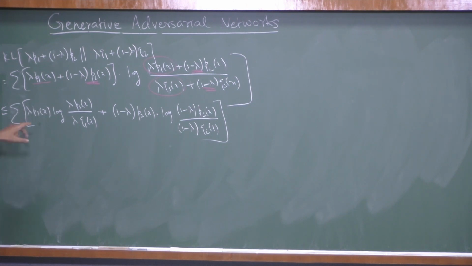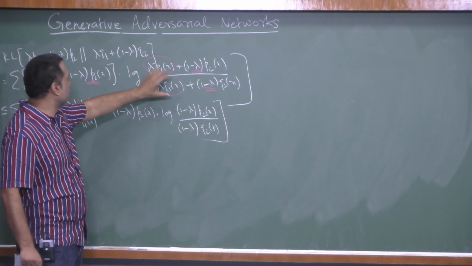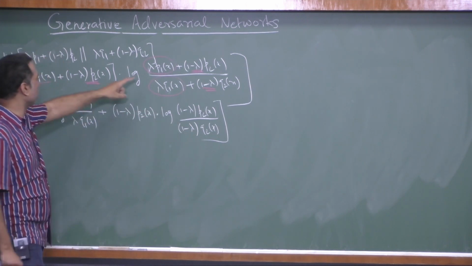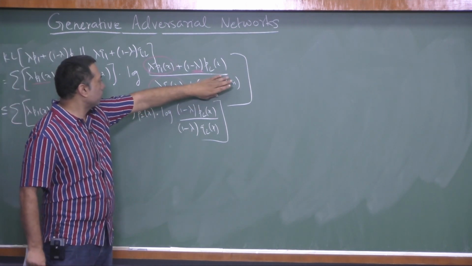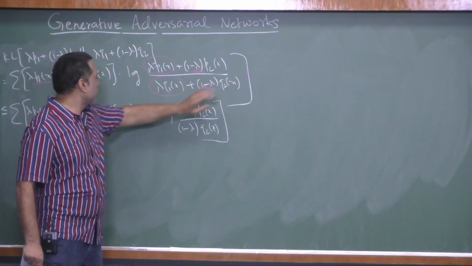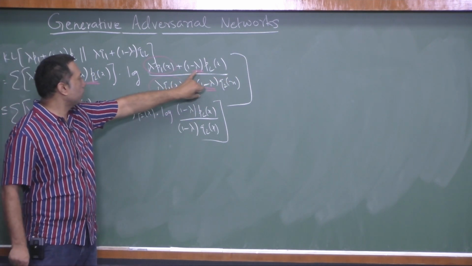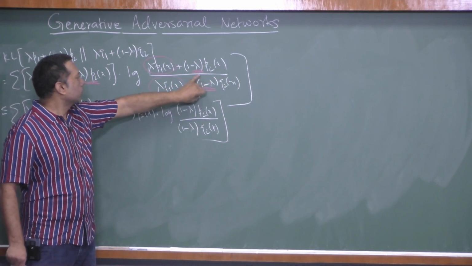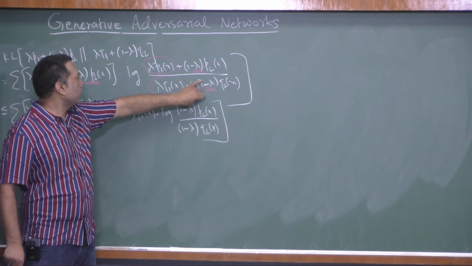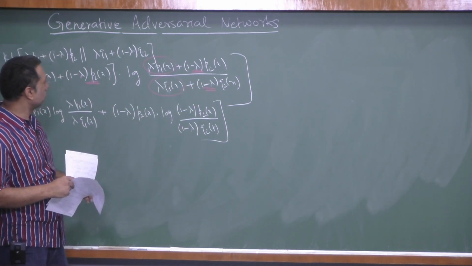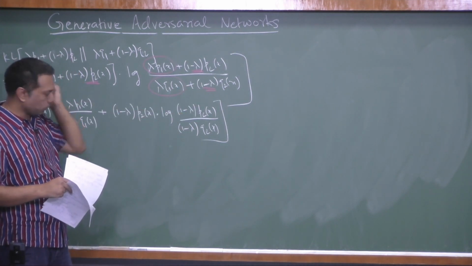If you see this term, how could it have come? This multiplied with this, let's say. If I multiply with this, I can certainly drop this term and increase, but then what about this one? So maybe that's where we use the log sum.